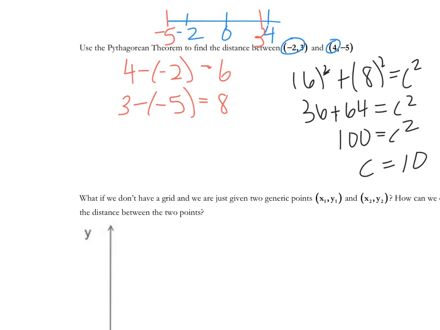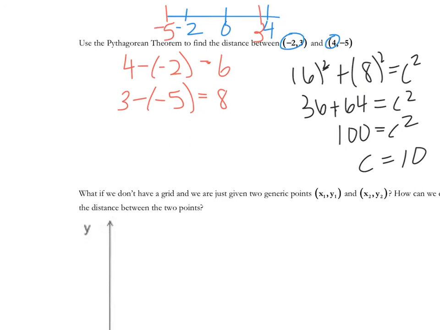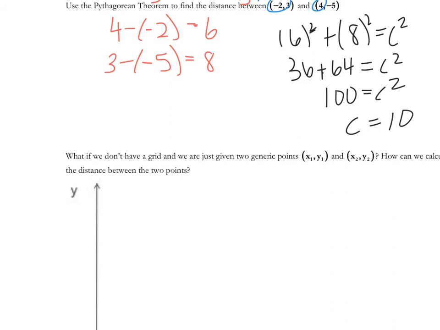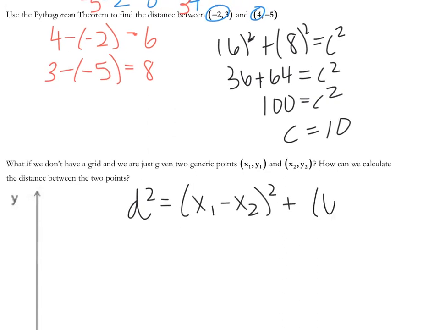So the distance formula is derived from the Pythagorean theorem, because distance squared is x1 minus x2 squared plus y1 minus y2 squared. Notice how it is similar: a squared plus b squared equals c squared.